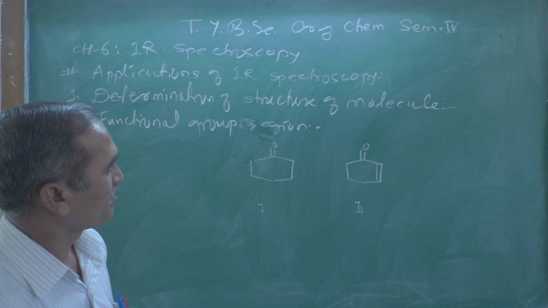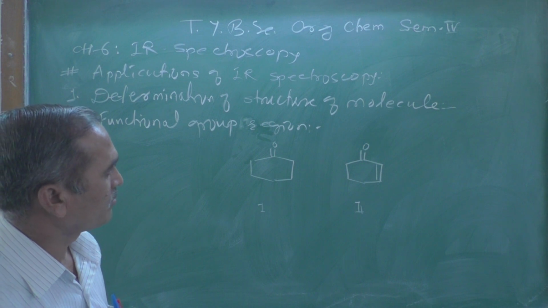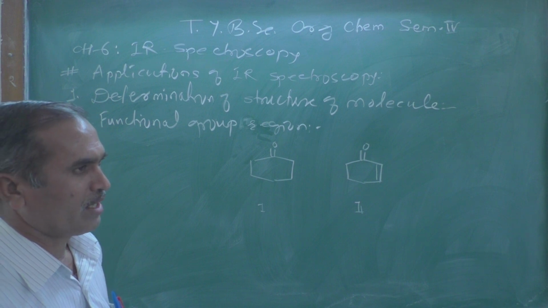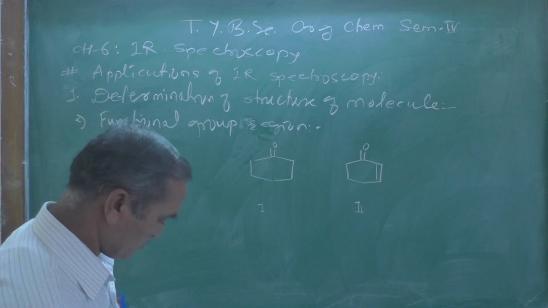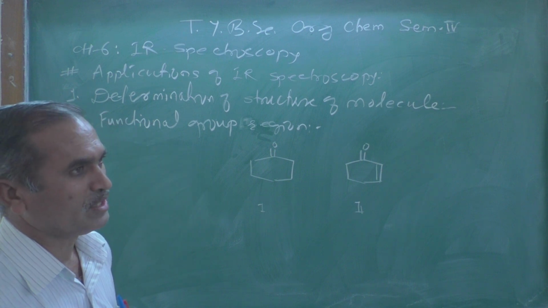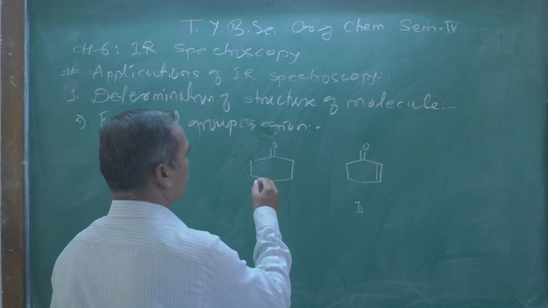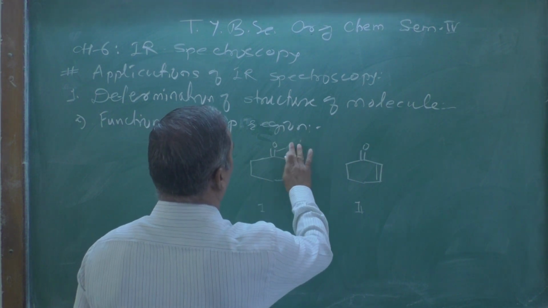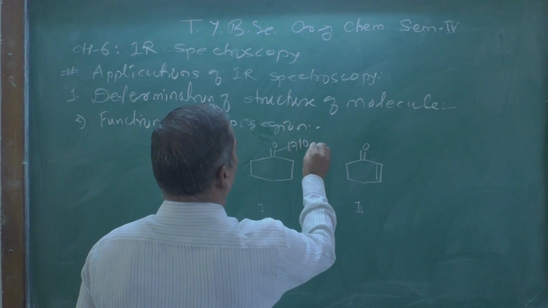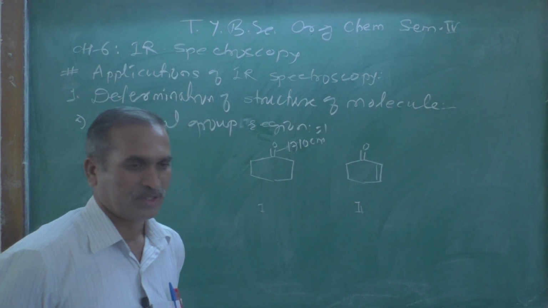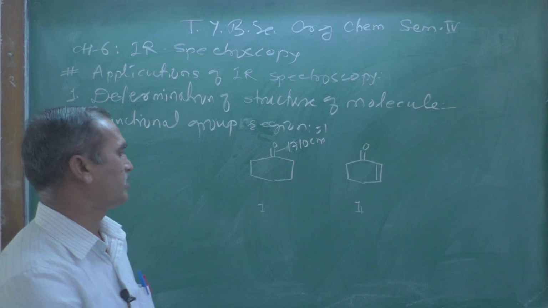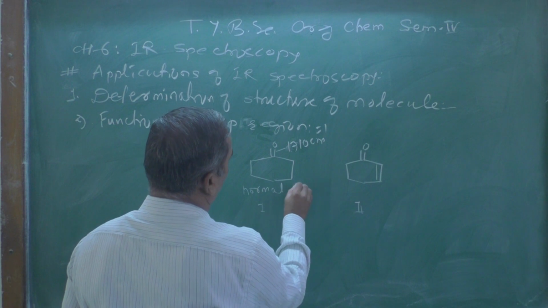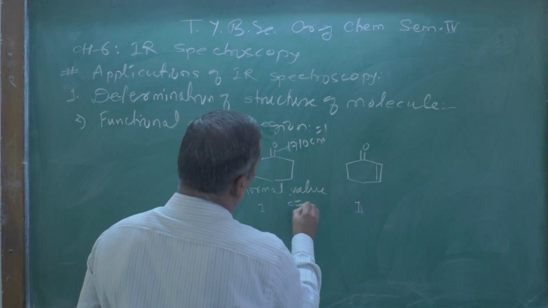If you take the IR spectra, it will give a peak around 1710 per centimeter, which clearly indicates the normal value of a carbonyl group.